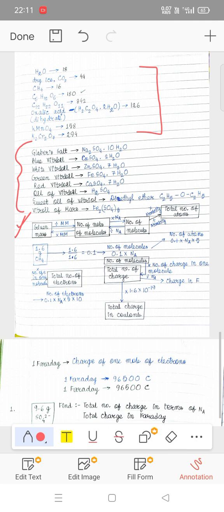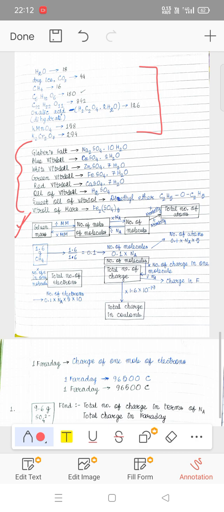Next, if we are required to find the total number of atoms, what will we do? The number of molecules into atomicity. Atomicity, as I have said, is the number of atoms in a molecule of the compound. When the reverse is required, total number of atoms divided by atomicity gives the number of molecules.